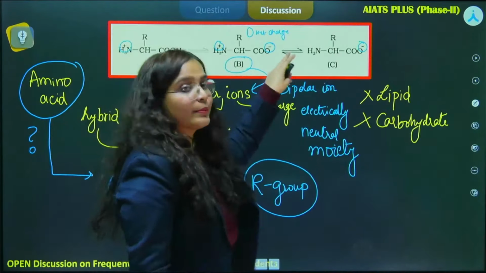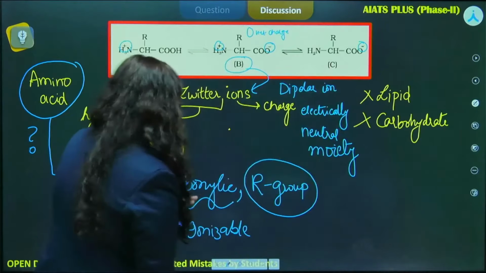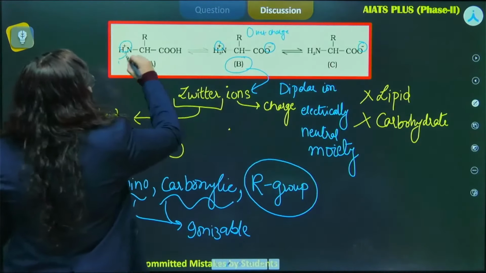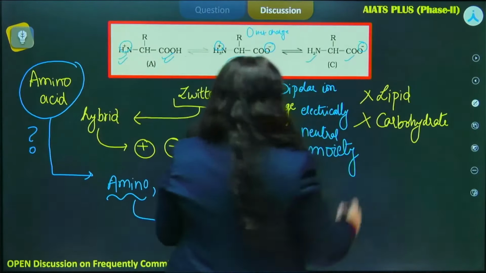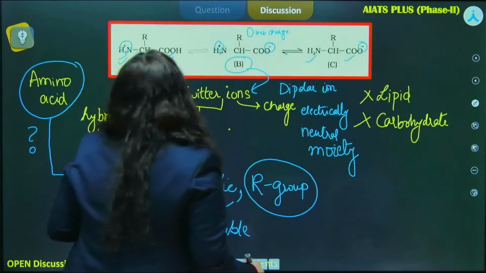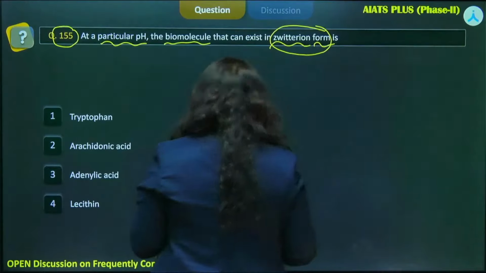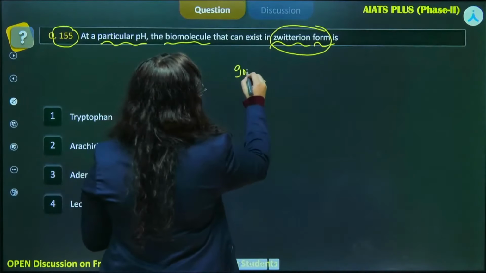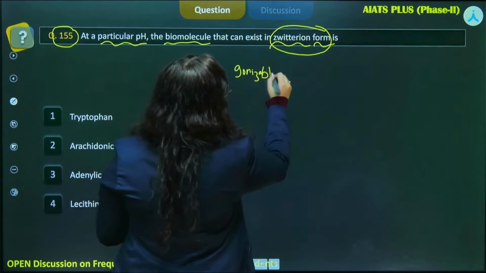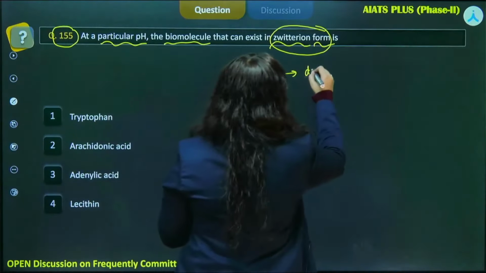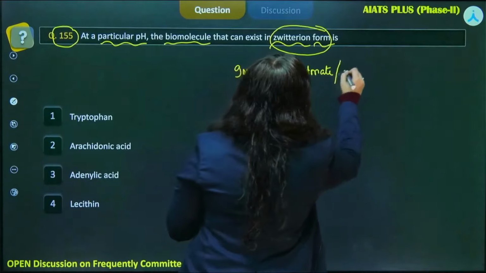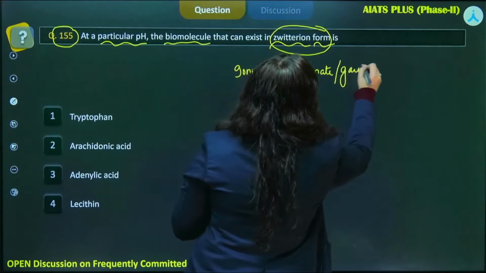And now coming back to our question, how is it happening? It is happening because the amino group and the carboxyl group present in the amino acid have ionizable nature. So what exactly does ionizable mean? Ionizable means that we are talking about a molecule which can donate or gain protons.